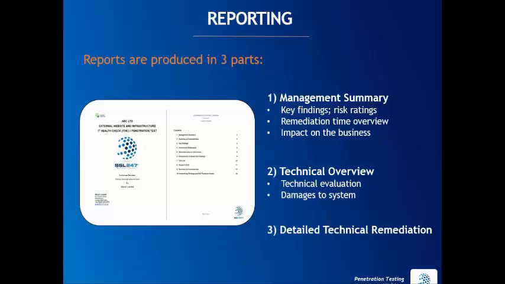The technical overview will then give a summary of the more technical aspects of the vulnerabilities we found, how we found them, what we did, because the important thing to remember is any vulnerability we found, we have to prove that we can do it again. So we have to show how we did it and detail how we did it so that anyone else could follow that process and that we can show that it was a genuine vulnerability.